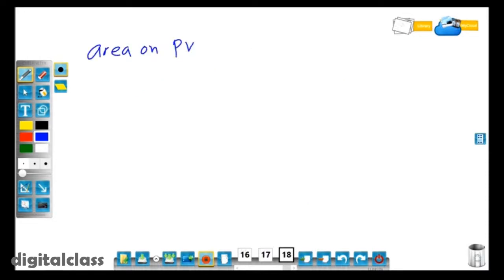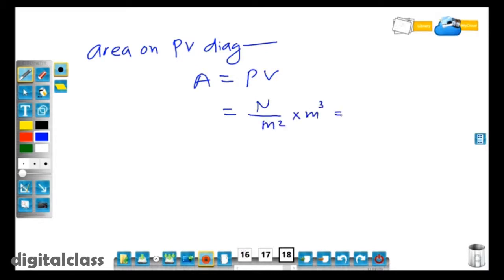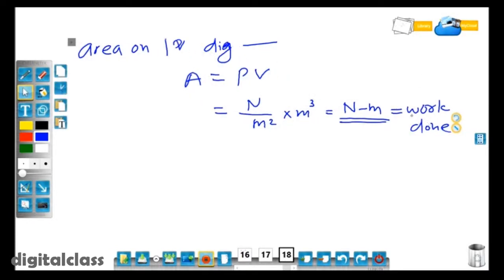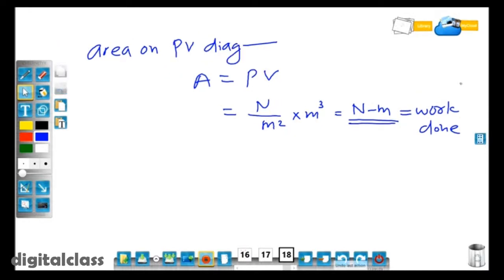So the area under the PV diagram is equal to P into V. The unit of pressure is Newton per meter square and the unit of volume is meter cube. So finally we get the unit of the area as Newton meter, that is equal to the unit of work done. So the area under the PV diagram is nothing but the work done obtained from the cycle.